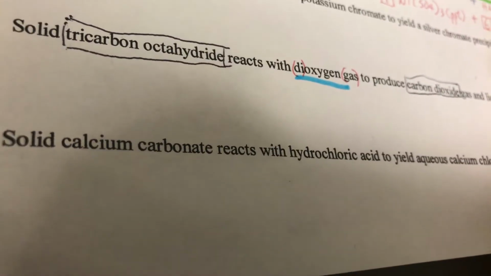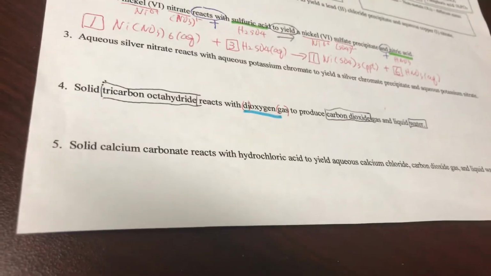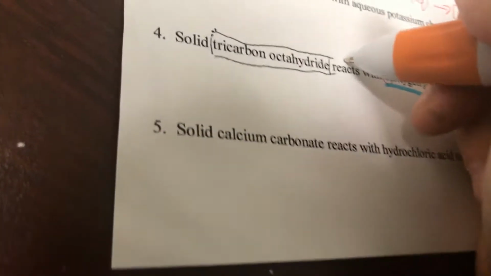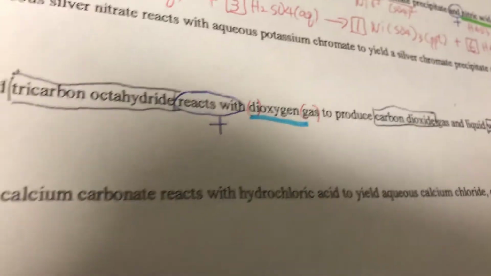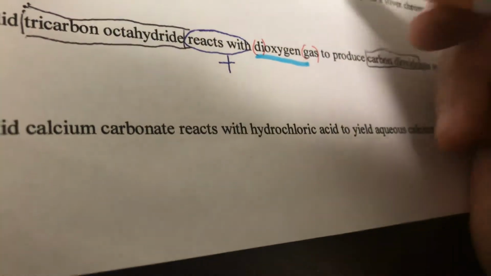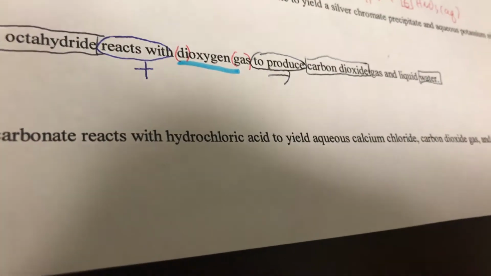And then water is also covalent, black box. And then next we get the connection symbol. I have react with, so blue plus. I have to produce, so black arrow. And I have in, so blue plus.